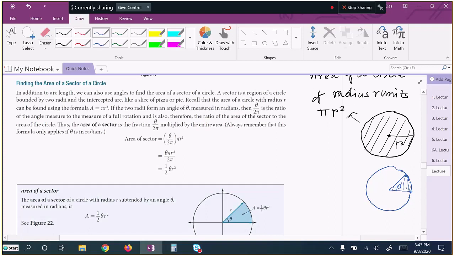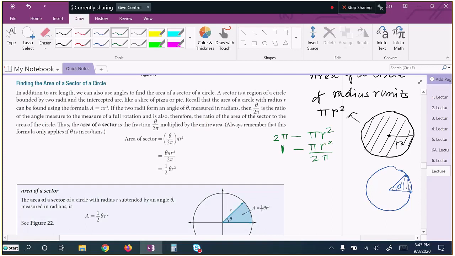It's pretty similar to the process of relating the radius, the arc length and the circular measure. Note that a full circular rotation is 2 pi, and that stands for the area pi r squared. That means if the angle was 1, that would stand for the area pi r squared divided by 2 pi.